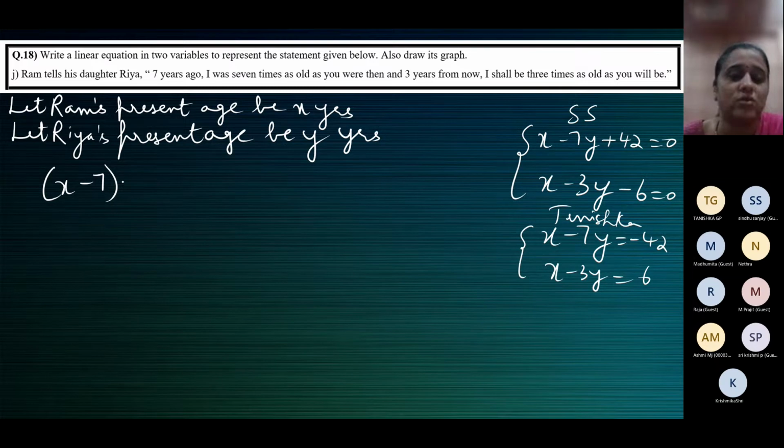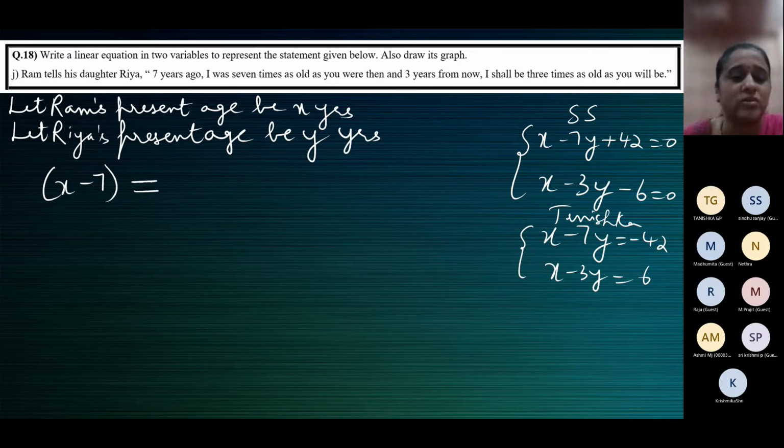So 7 years ago, I, that is Ram, was X minus 7. See, whatever is in words there, we are converting that to an equation. So Ram would have been X minus 7 years old.